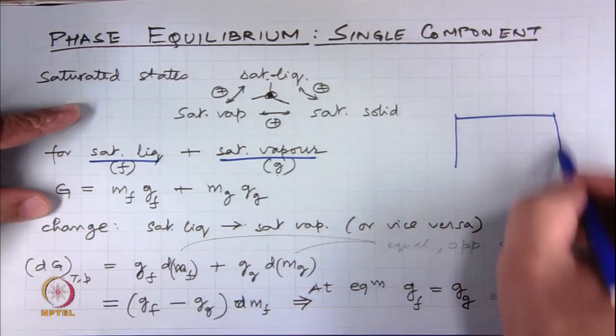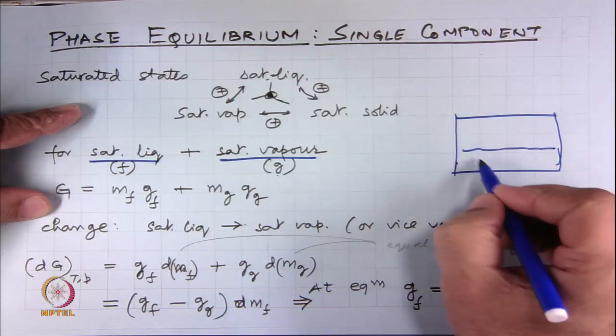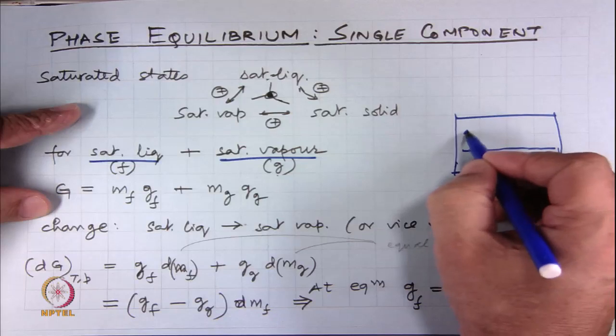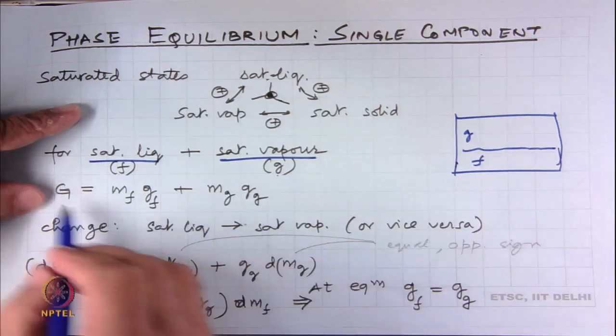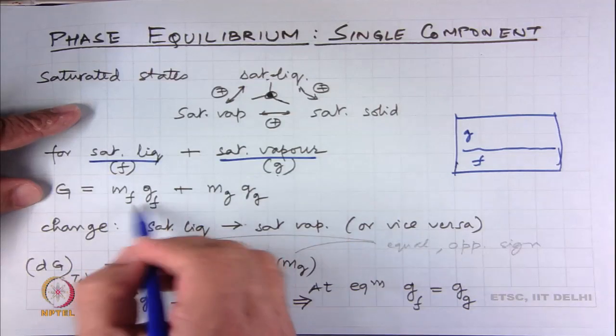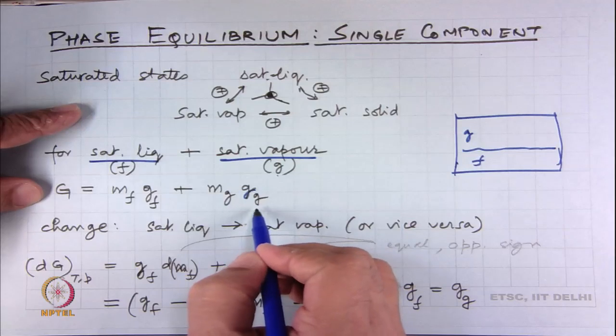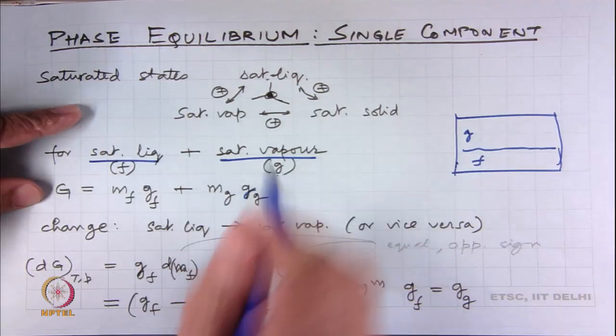So, this is a system in which there is this much of the liquid f and this much of the vapor g. Then the Gibbs function for this mixture is m_f g_f, with g the specific Gibbs function, plus m_g g_g. So, we are using g as subscript to denote the vapor phase.